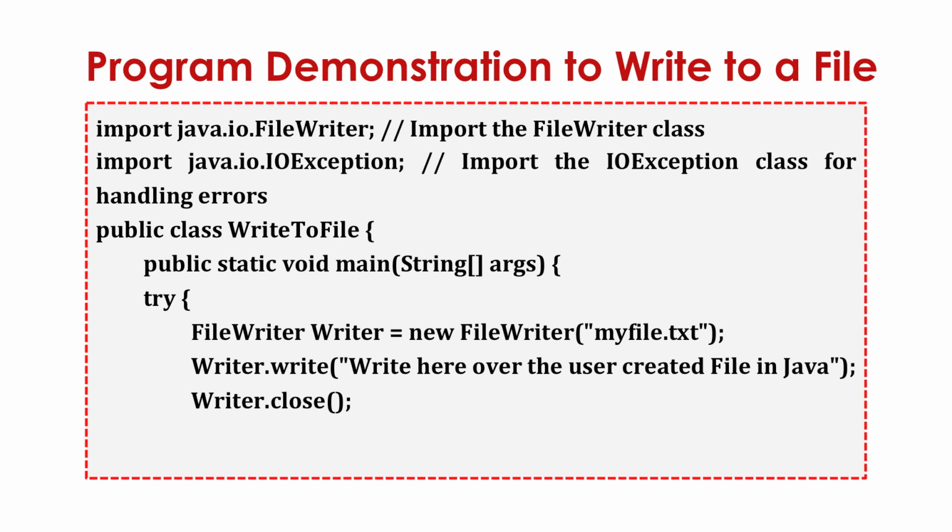Write is a method. What we want to write to the user created file in Java is the user defined text. You may change that text, and just after using the write method, we have closed the file, myfile.txt, using the writer.close statement.